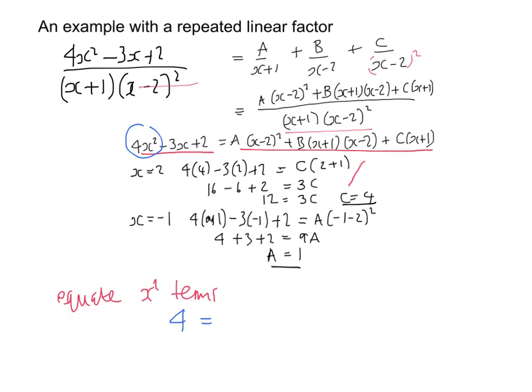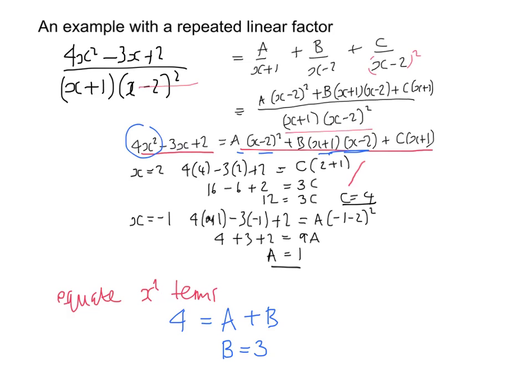If I multiplied out this x minus 2 squared, I'd have an x squared term, so I've got a x squareds there. Similarly, if I multiplied out these two brackets, I would have b times x squared, and there's no x squared term attached to the c. So I know that 4 is equal to a plus b, so that tells me that b is 3, and that's a nice simple way of doing it.